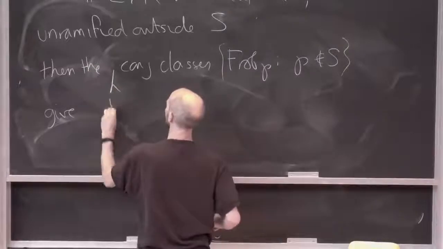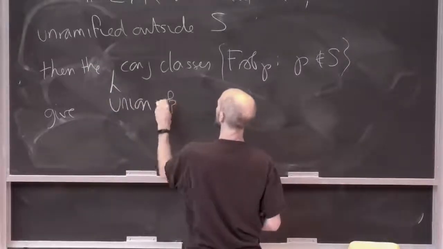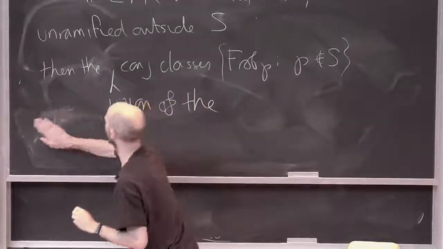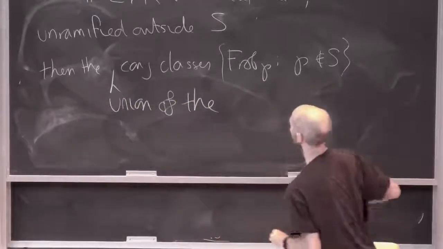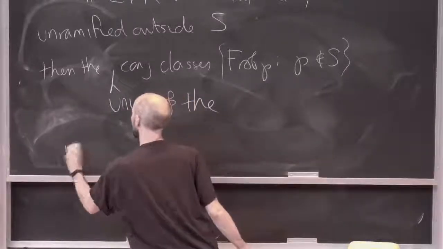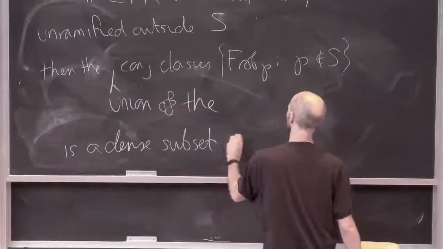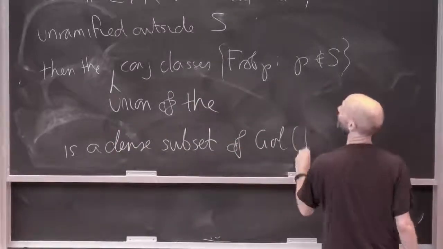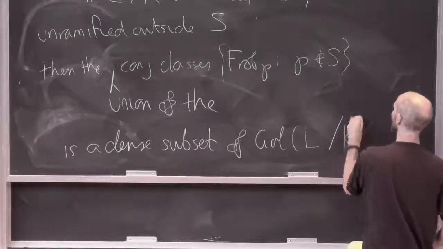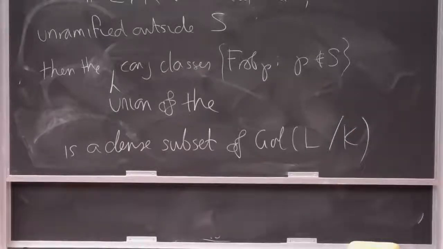Maybe I'll take the union of the conjugacy classes. The union of the conjugacy classes, living in Gal(L/K), is a dense subset of Gal(L/K). Okay, so that's what we lose when we go to the infinite extensions.